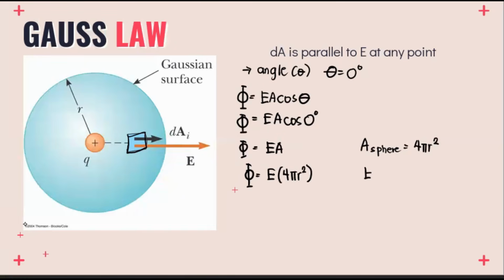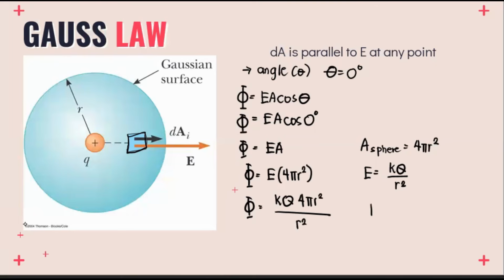Tapos, si electric field vector from our previous discussion is equals to Coulomb's constant multiplied by the magnitude of a point charge over r squared. Okay? So, pwede natin siyang isubstitute ulit dito. Okay? K, Q, 4 pi r squared all over r squared.